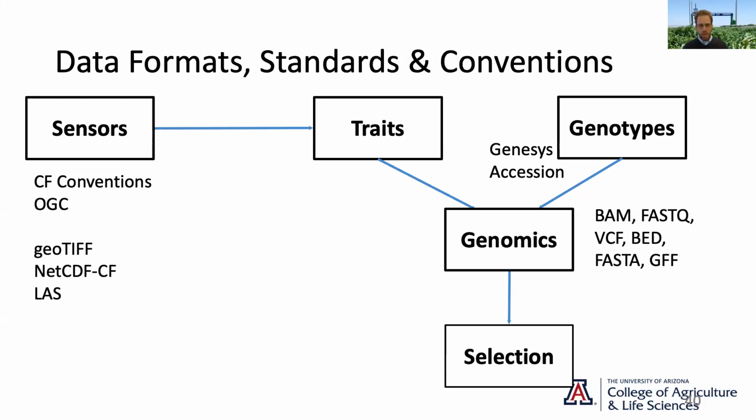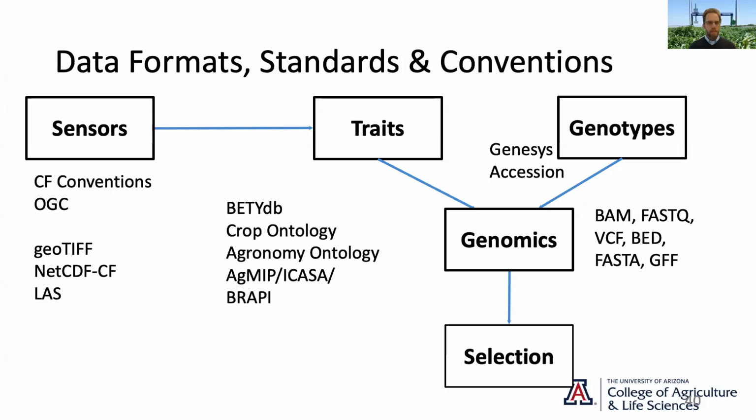We have a number of other data formats, as I mentioned earlier, some PNGs and PLY files, but we try to focus on these standard formats. And then with the traits, it was a lot more murky. There's ontologies based on historical methods of measuring plants, such as categorizing disease severity as a value of 1 through 5. But ontologies didn't really work immediately because there's so many more measurements that we can actually make than the ontologies contain.